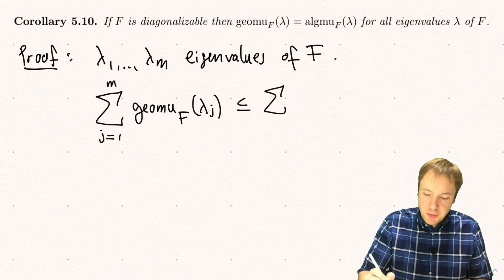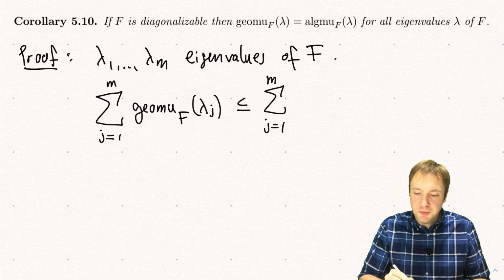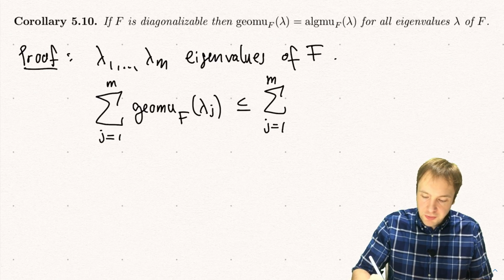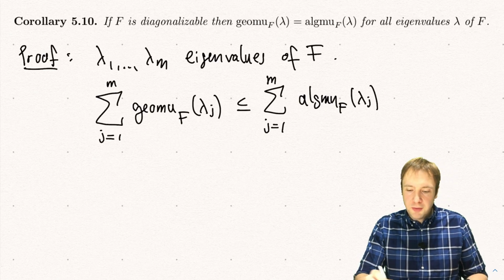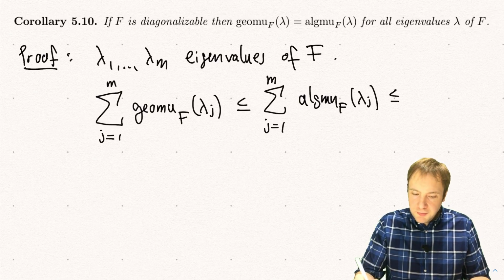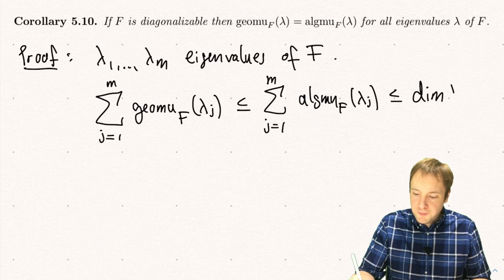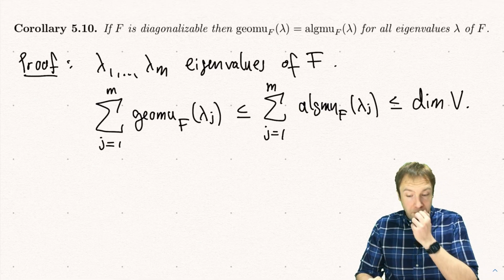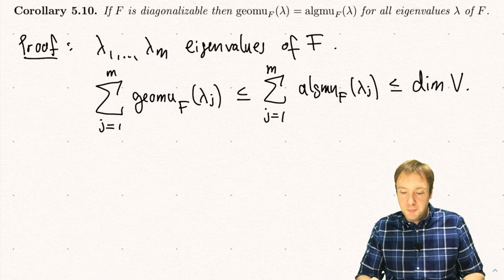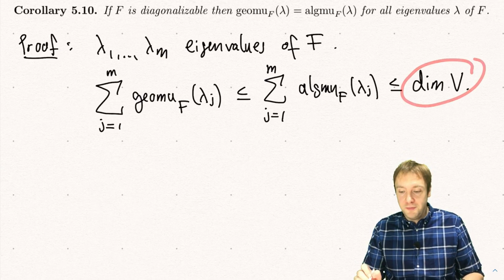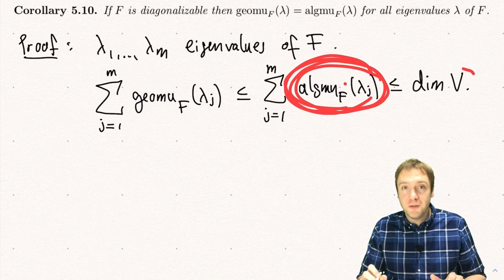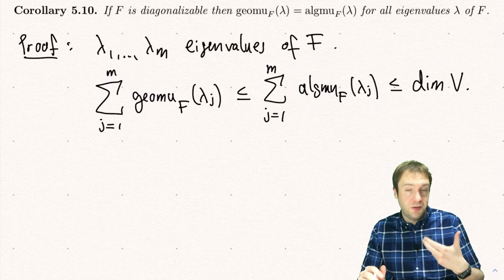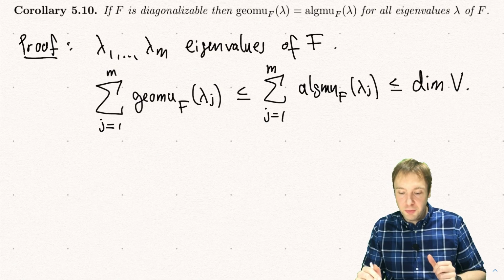So this sum is smaller or equal to the sum of the algebraic multiplicities, because we proved that the algebraic multiplicities are always greater or equal to the geometric multiplicities. But this is also smaller or equal to the dimension of the space V, because the characteristic polynomial is a polynomial of degree dimension of V, and the sum of all multiplicities of a zero of a polynomial is always smaller or equal than the degree of the polynomial.